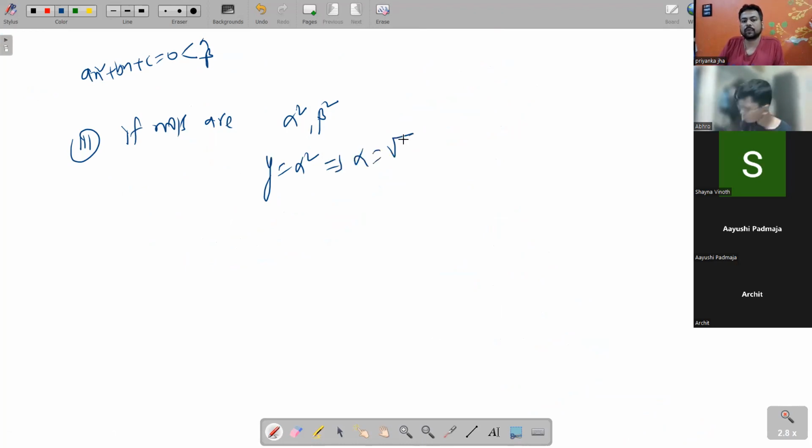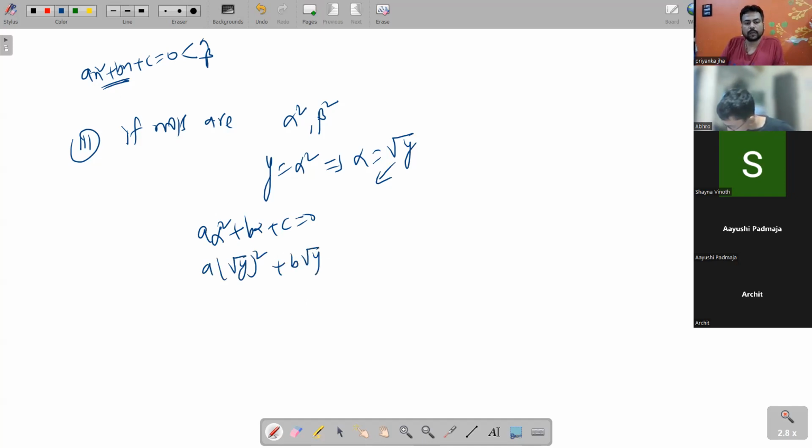So alpha equal to root y, and we know that alpha is the root of this equation, so alpha will definitely satisfy this equation. Now for this alpha, we'll put this: a (root y) whole square plus b root y plus c equal to 0. Now you can see that y is simply a variable, so here I am replacing y by x.